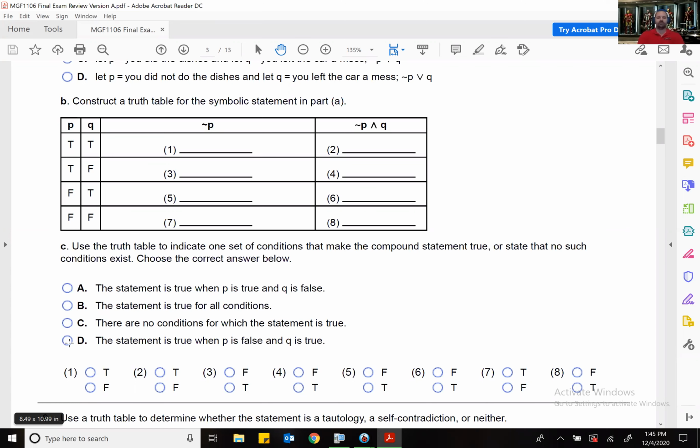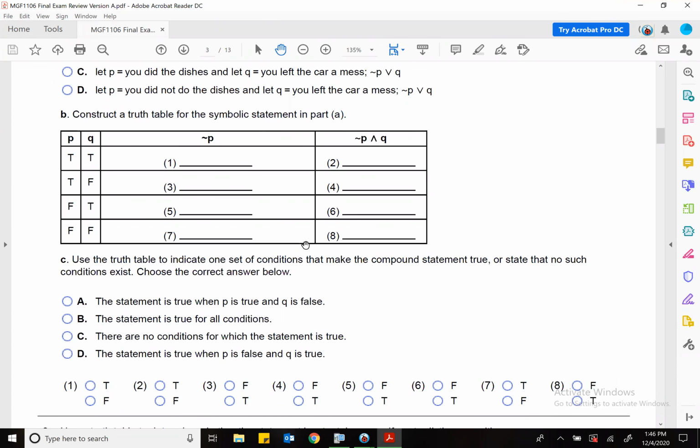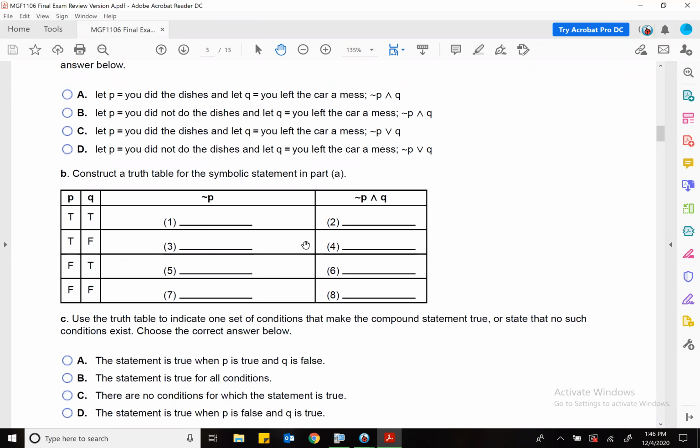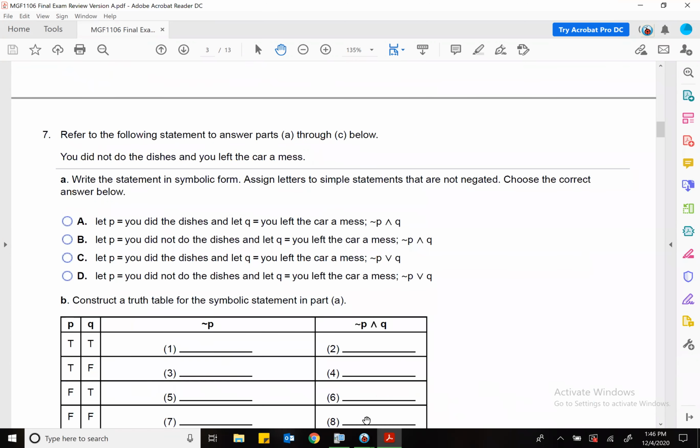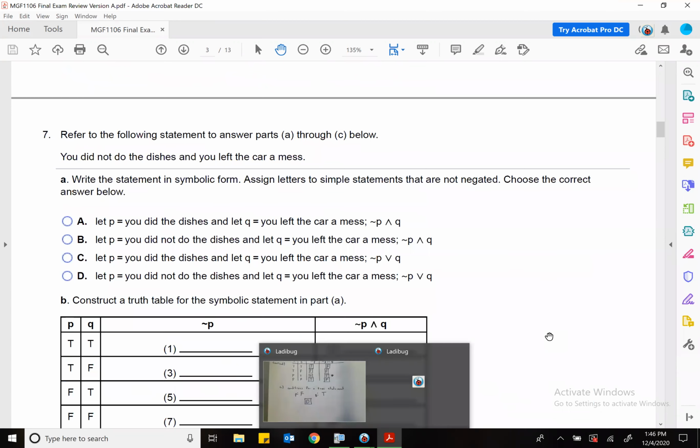Any question about number 7? Yes. For section A, I see that you chose A. Yes.